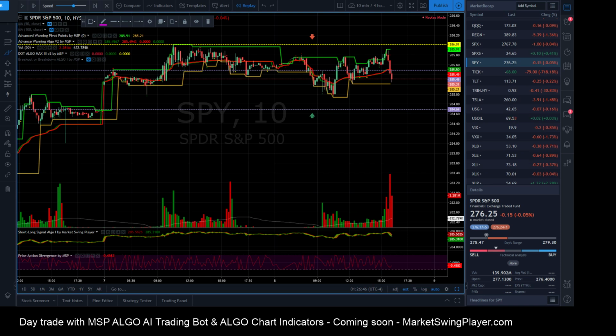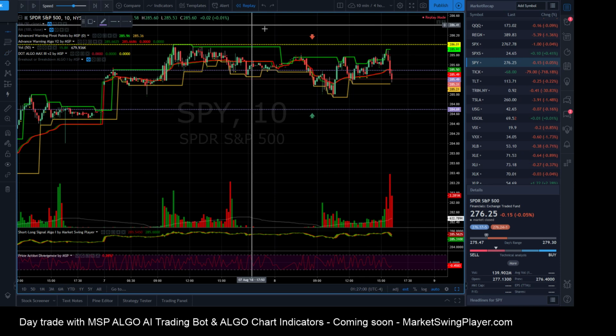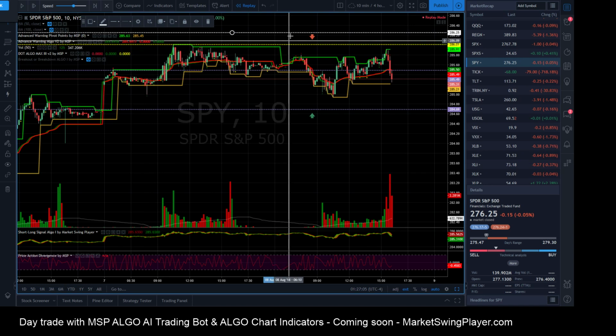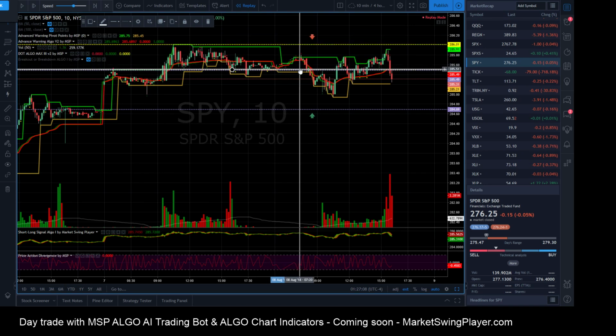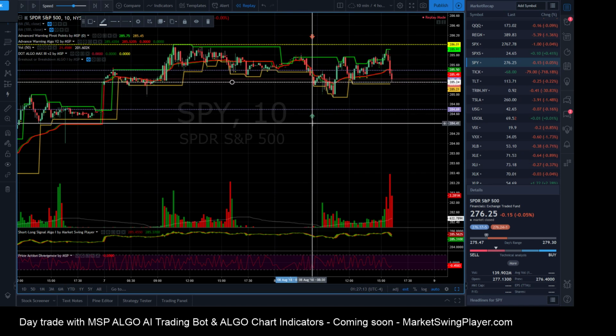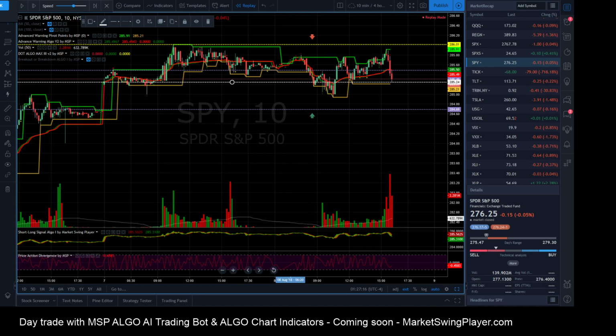I'm just going to draw the lower and the upper range. So I'm just going to draw the 285.25 and the 286 rounded. I'm just going to use white in this particular scenario. 285.25 and 285.84.